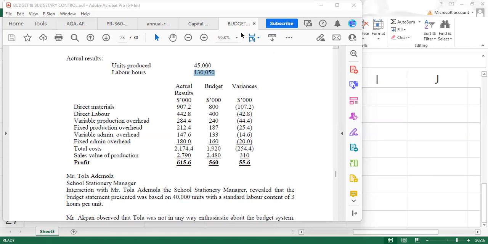Okay. Yes, sir. So what are you getting? What is the amount? It is the actual activity level over the budgeted level times the budgeted cost. So what is the actual labor hours? 130.5 divided by what?